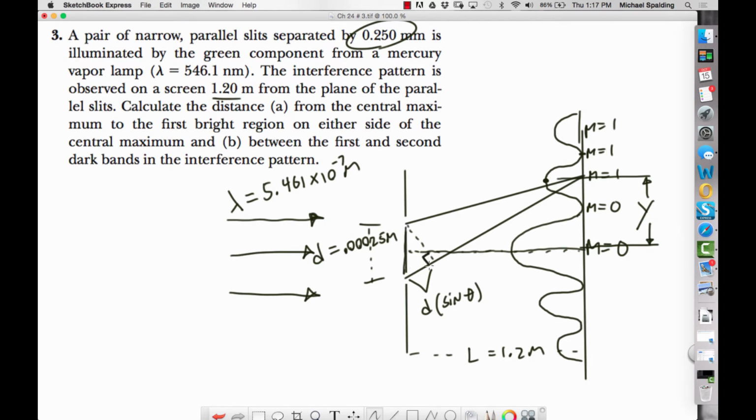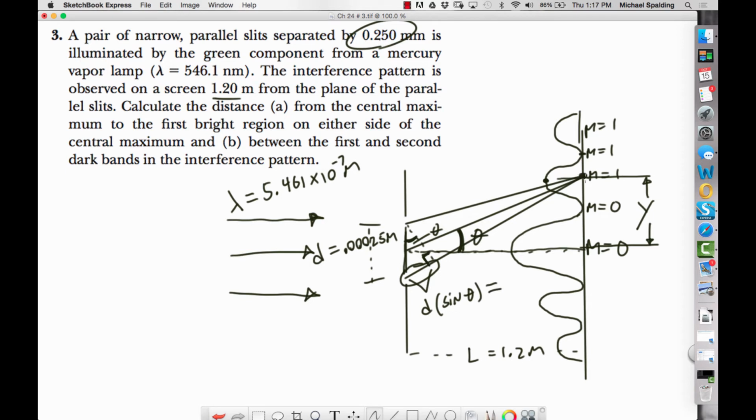This makes a right angle right there, and then theta is here. That angle in there is theta. But then theta is also the angle here. It's the angle from the center line between the slits. So theta is in two spots. That's theta, and then that's theta. So our extra distance traveled is d sine theta.